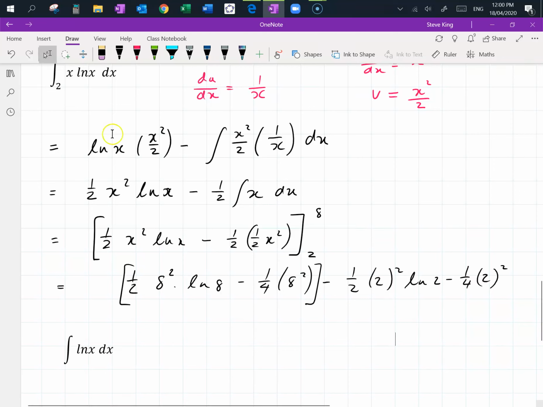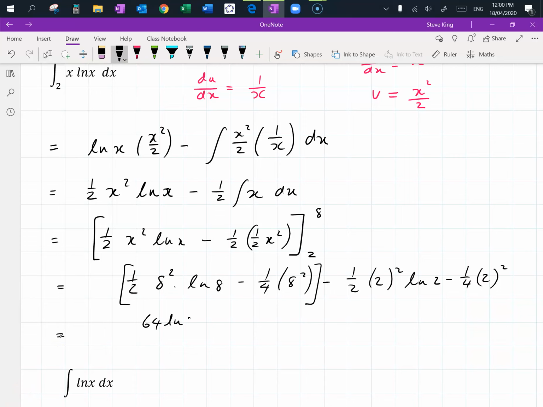Let's make a little bit more space there for myself. So I'm going to have 64 ln 8 over 2 minus 64 over 4.